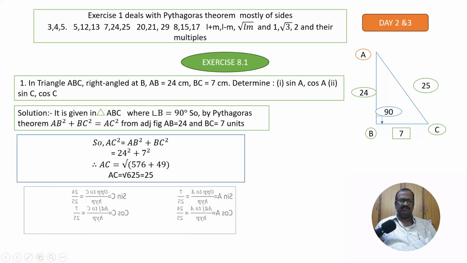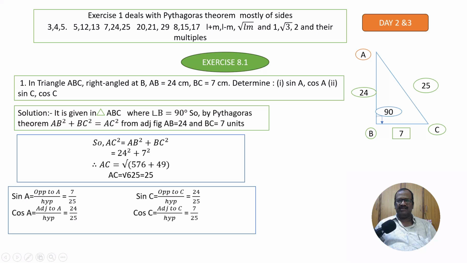Now how do we determine sin A and cos A? I will explain. Sin A means opposite to A. That is why from the beginning I never write opposite by hypotenuse, adjacent by hypotenuse, opposite by adjacent like that, because here the angle is very important. Opposite to A is a must, opposite to C is a must.